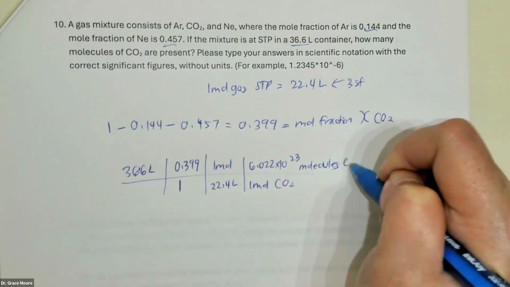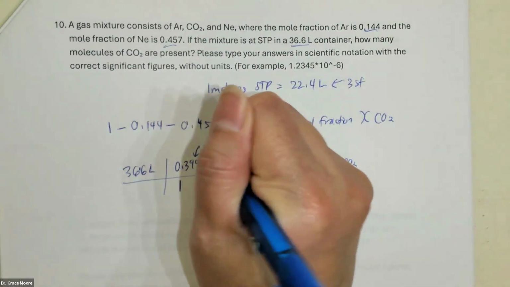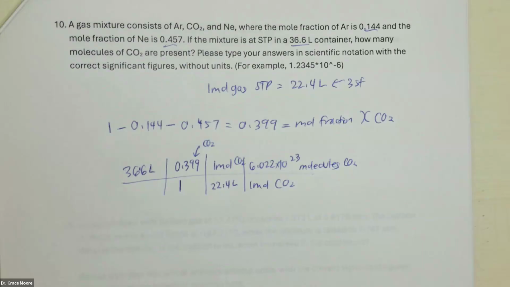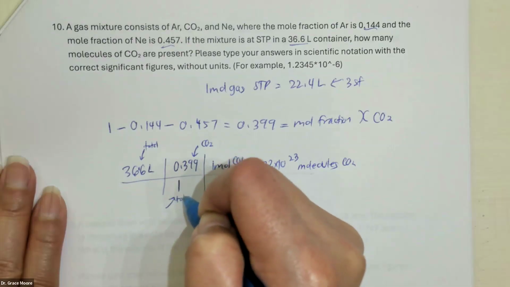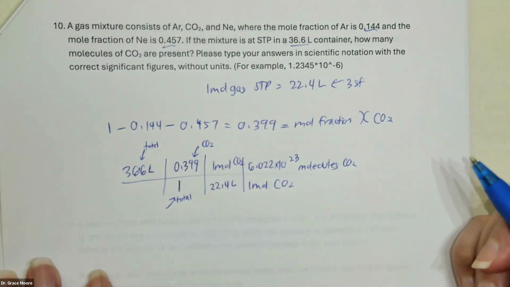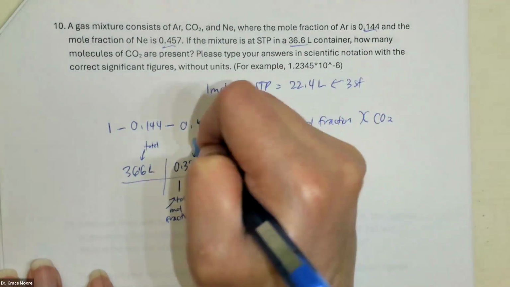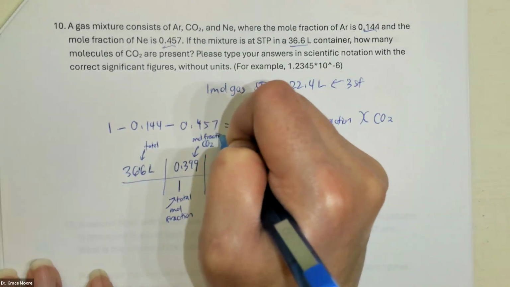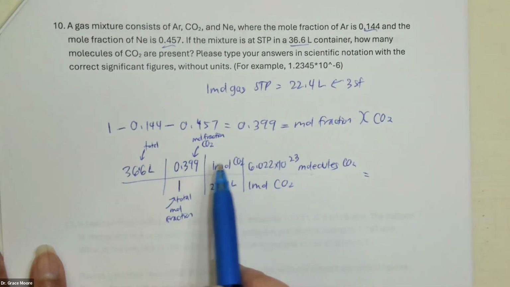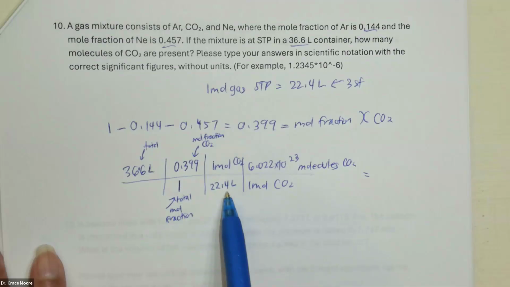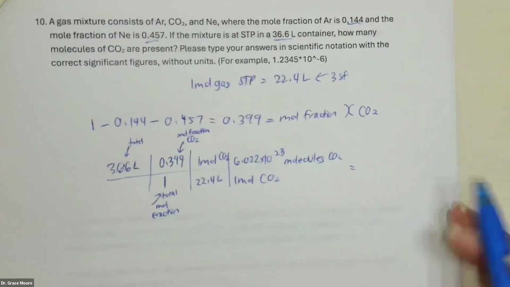And this is total. Okay. So if you put in your calculator 36.6, and then you times 0.399 divided by 22.4 times 6.022 times 10 to the power of 23, you should get your answer.